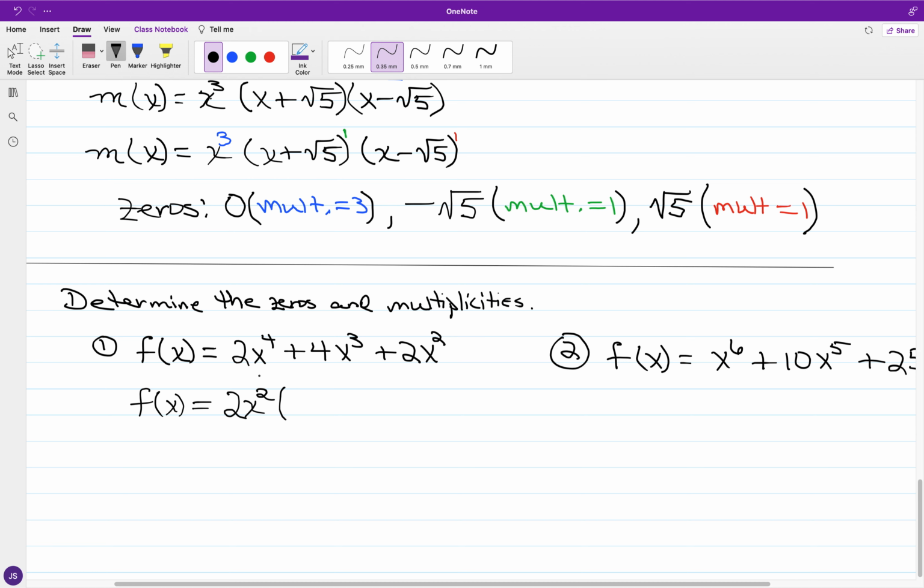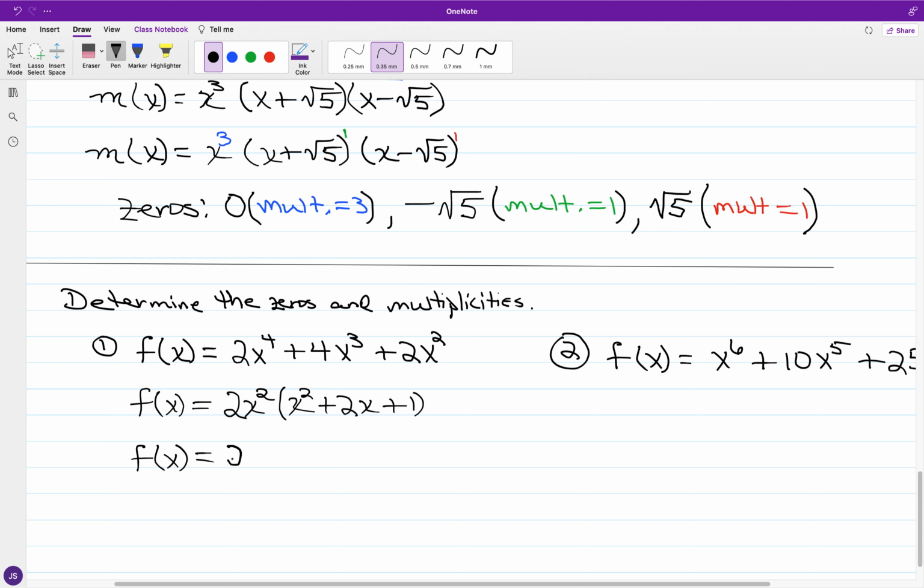Factoring out 2x squared, we'll have x squared, and 2x squared into 4x cubed is going to be plus 2x, and 2x squared into itself is going to be 1. Here we have the presence of a square trinomial.